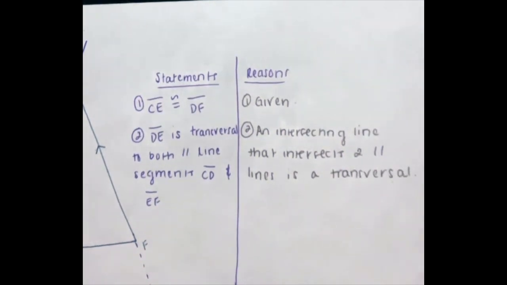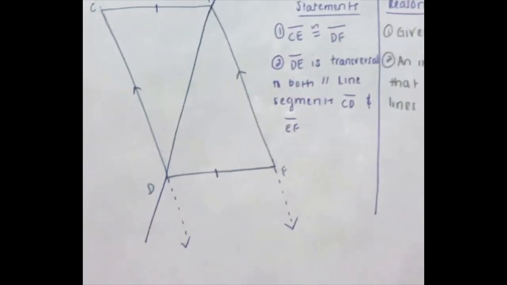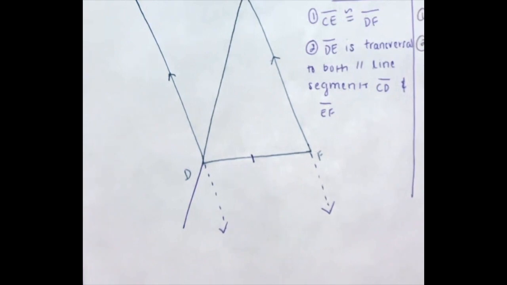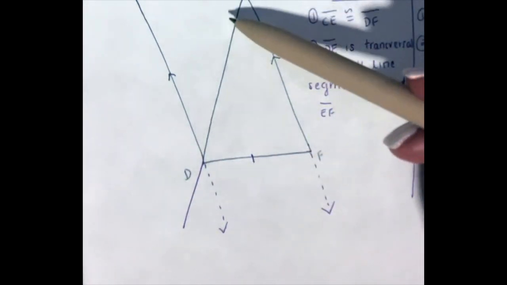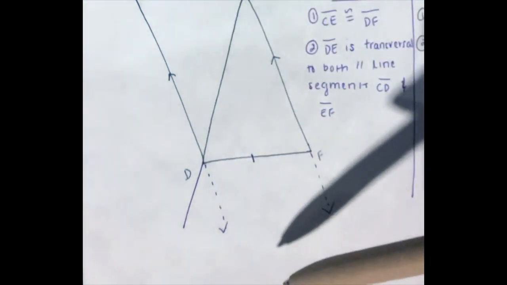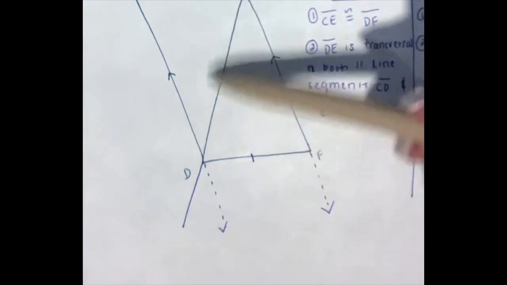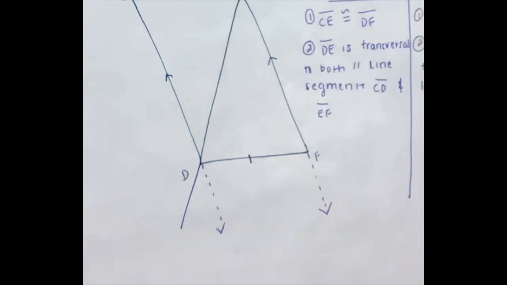So the intersecting line that intersects two parallel lines is called a transversal. Then moving on, by knowing that this is a transversal line, we want to inherit further information from that in order to prove why certain angles are congruent, whether it's an interior angle or exterior angle. We need that information as another piece of evidence to prove why this triangle is congruent to this triangle.